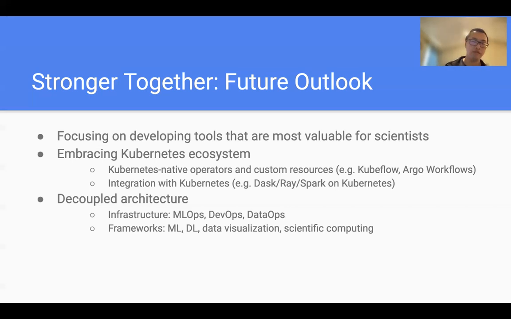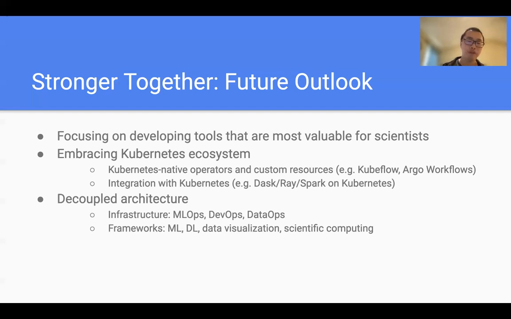In other words, in the future, the architecture will be more decoupled into different areas of focus. For example, on the infrastructure side, the focus could be on MLOps, DevOps, or DataOps, which focus on data sets and feature stores, those kinds of things.